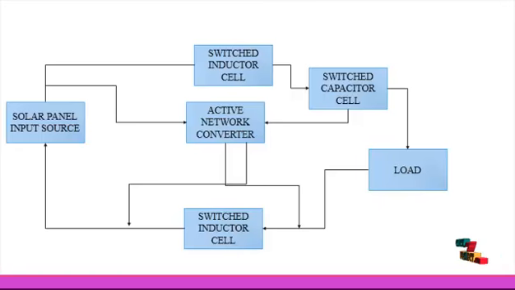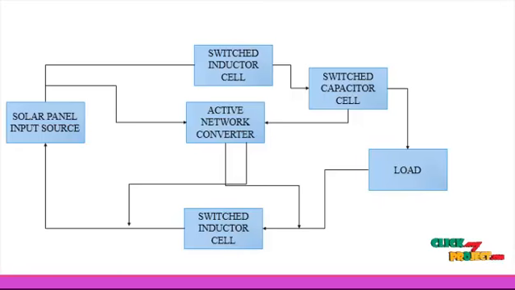This is our flow diagram. In this flow diagram the input source is a solar panel. Here the solar panel is connected to the DC to DC converter with active network cell and switched inductor and switched capacitor cells. The solar panel consists of 72 solar cells. Those 72 solar cells are connected in series, and the solar panel is supplied with solar irradiance.